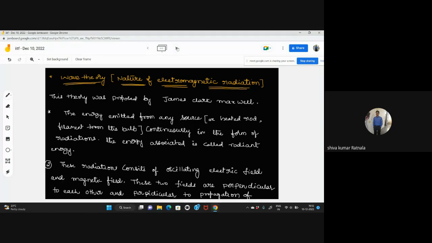Propagation, simply you can say, propagation of the radiation.